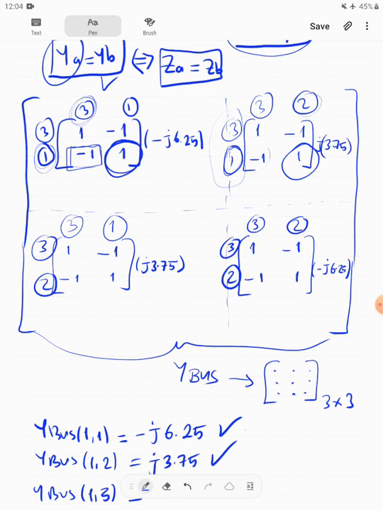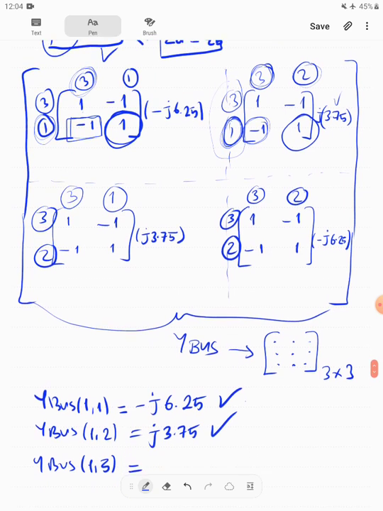You see minus 1 multiplied by this number. Here also I check that the row number is 1 and the column number is 3. Since there are two entries, we must add these two numbers.